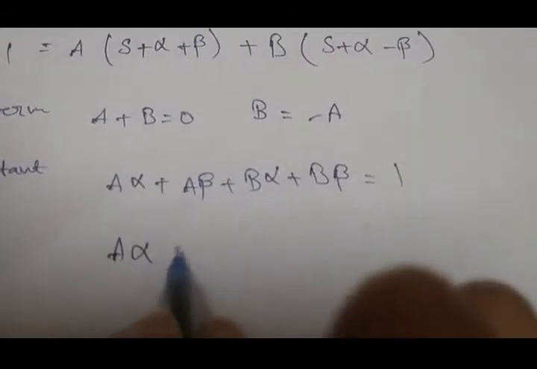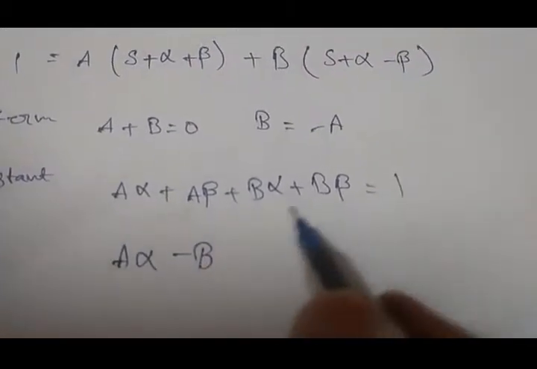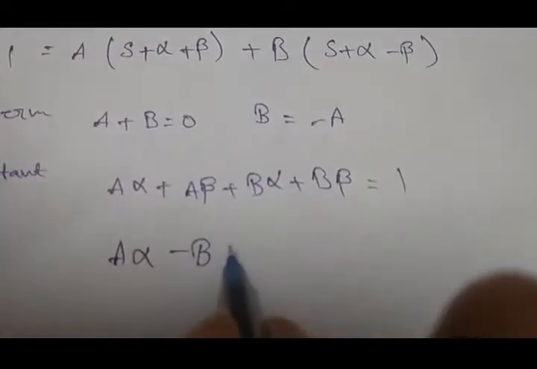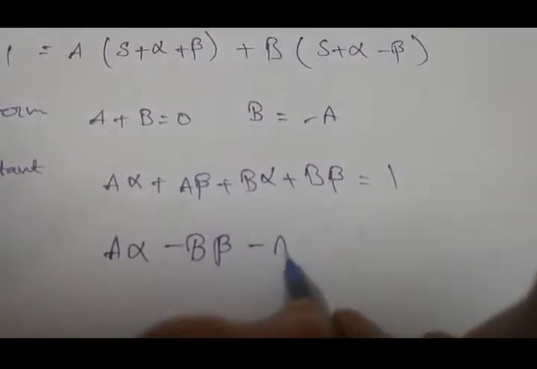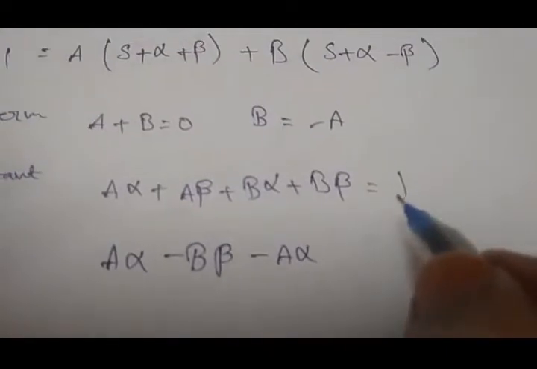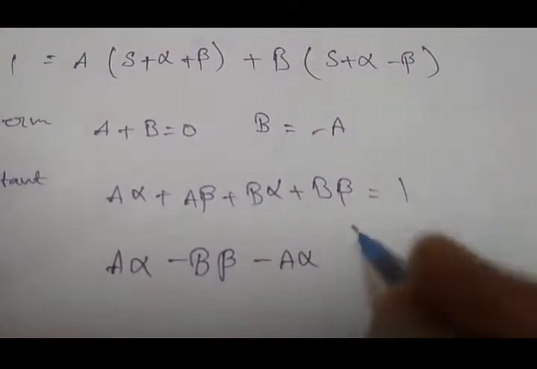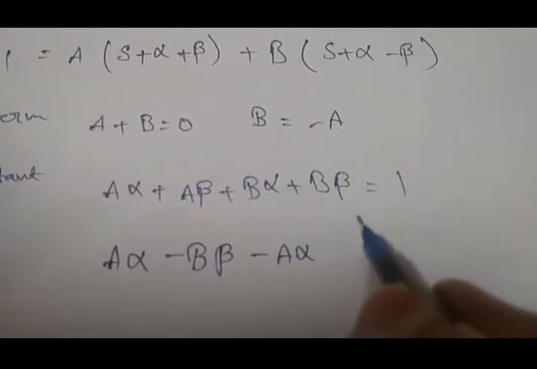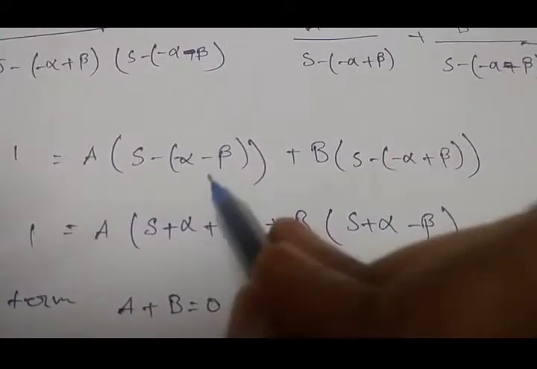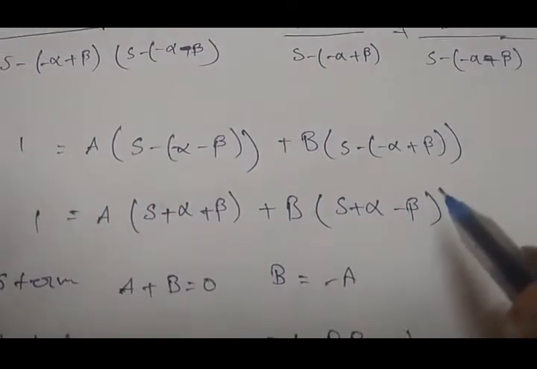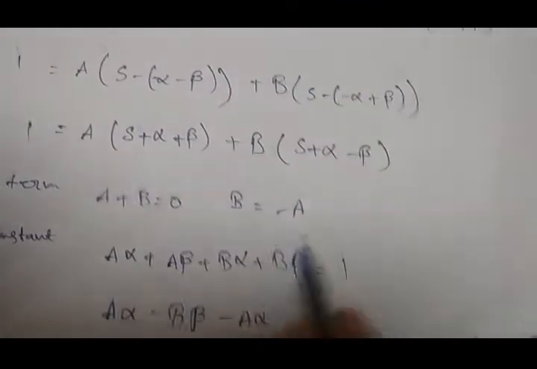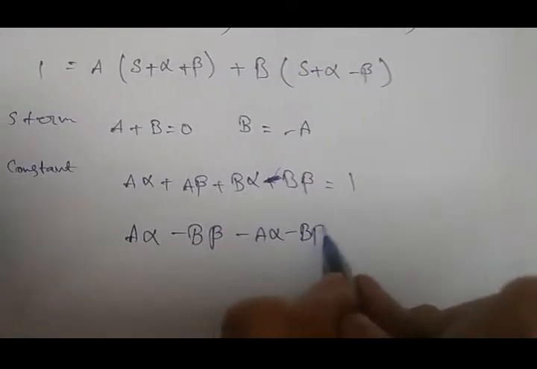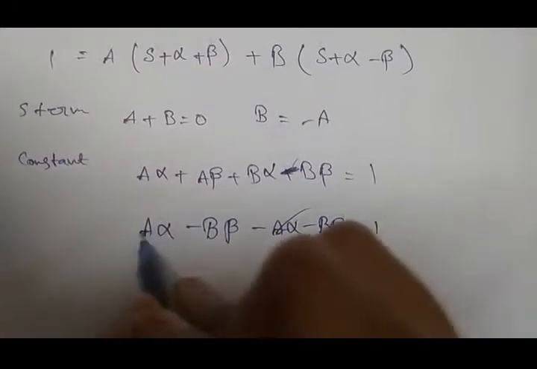So A alpha minus B beta, okay, minus A alpha plus minus B. So this will be your minus B beta equals 1, so it will be cancelled over here.